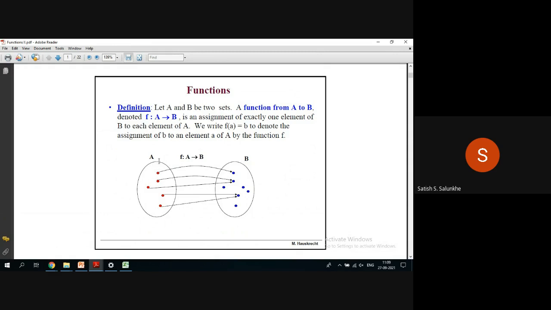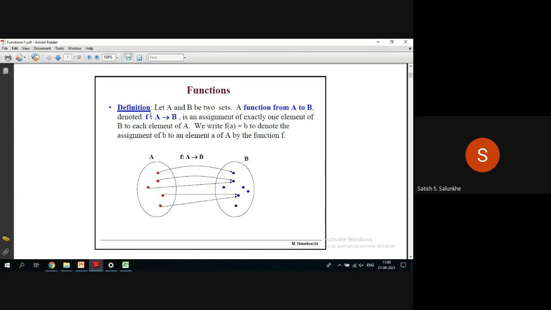So when we say a relation is a function, I will read this out clearly. Let A and B be two sets, and a function from A to B is denoted like this. This is what we have already seen.